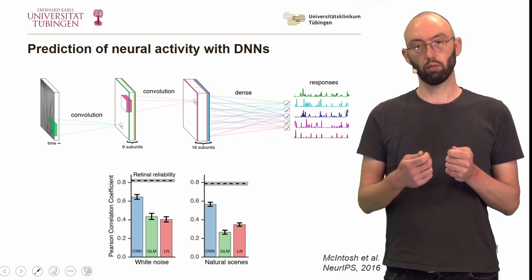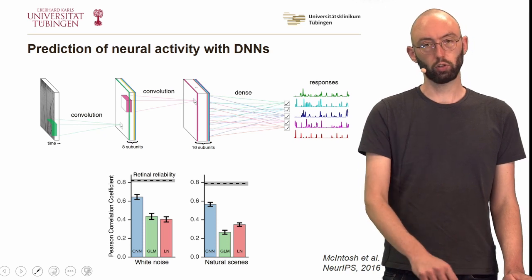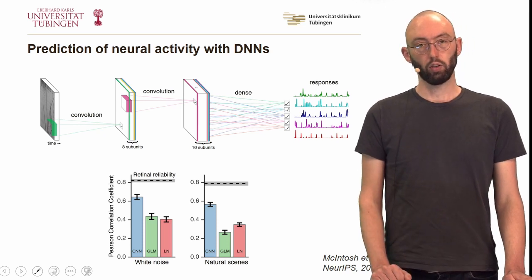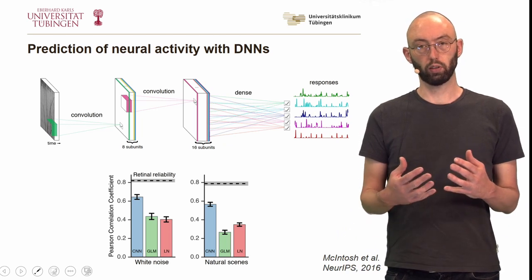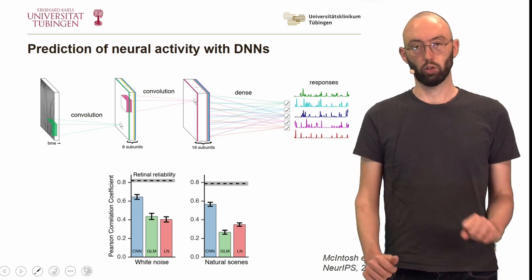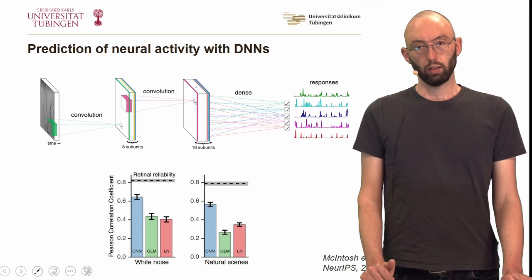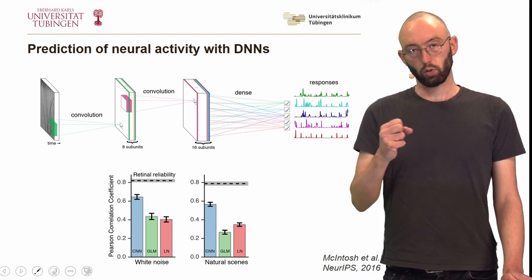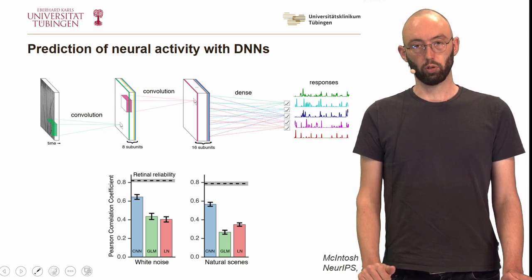So the idea behind a convolutional neural network is that you have a filter that you move across the entire image. That could, for example, correspond to an individual bipolar cell type whose receptive field is applied across the entire image before it is then combined, before a certain ganglion cell type samples from these representations by the bipolar cells.